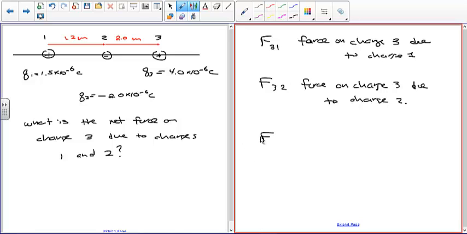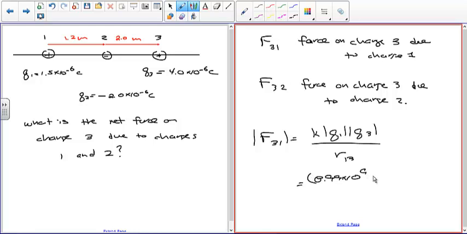We'll say that the magnitude of F31 is equal to k times the magnitude of charge 1 times the magnitude of charge 3, divided by the distance between the two objects squared. Coulomb's constant is 8.99 times 10 to the 9th newton meters squared per coulomb squared.